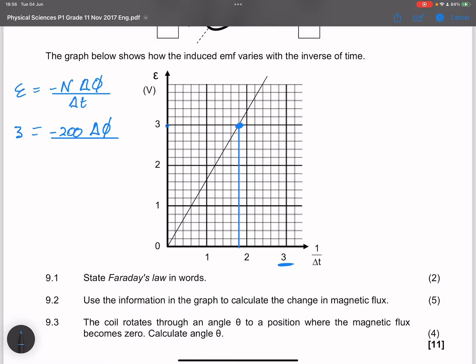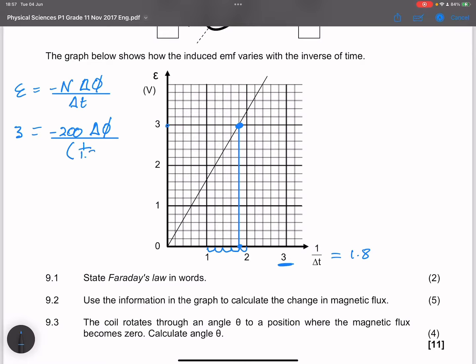If you look at that, it increases in 0.2. So that's 1.2, 1.4, 1.6, 1.8, and that becomes 2. So it is at 1.8. That is 1 over time. So 1 over t is 1.8, which means the time is actually 1 over 1.8.